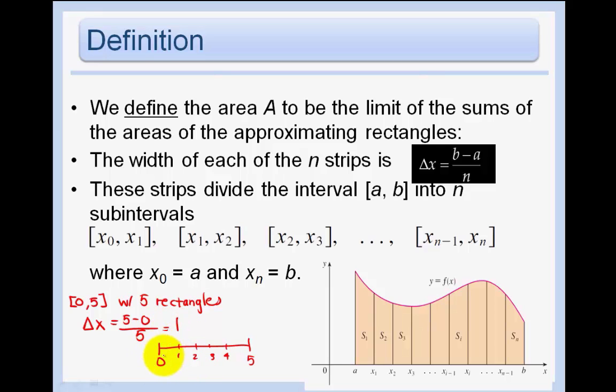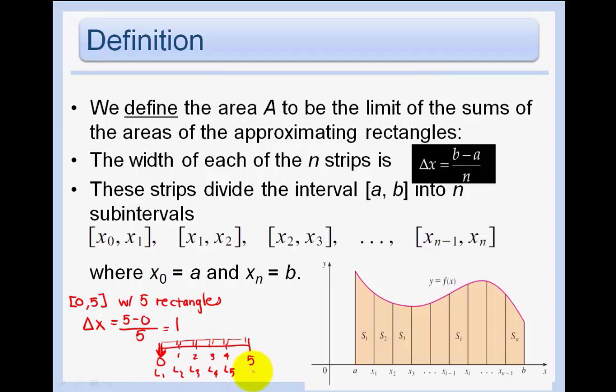If I was using left endpoints, then this is always my first rectangle. But if I'm using left endpoints, this is going to be the point that I use. And so you'll see how I use this in the future, but I'm going to just say here's the first, second, third, fourth, and fifth rectangle, because here are my rectangles. I don't really care where they are.